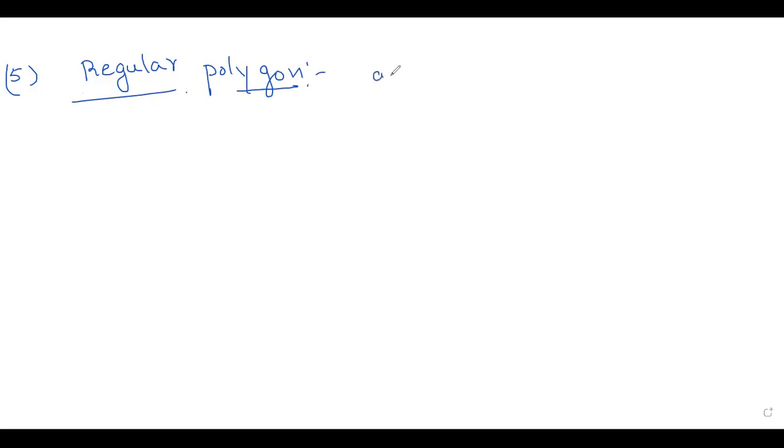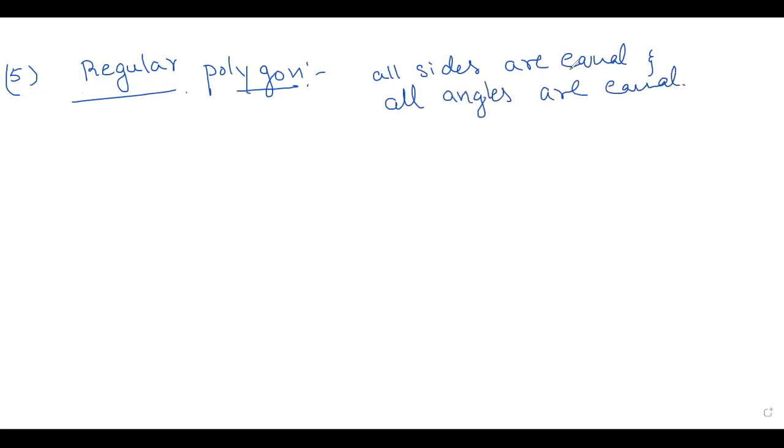Okay, children, all the sides are equal and all angles are equal. If all the sides and angles are equal in the polygon, then it is called a regular polygon. A polygon having sides of equal length and angles of equal measures is called a regular polygon.